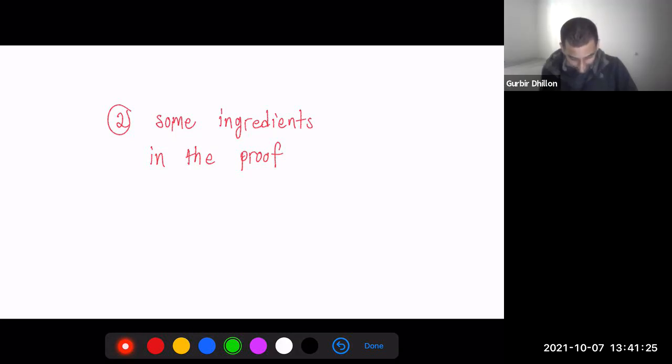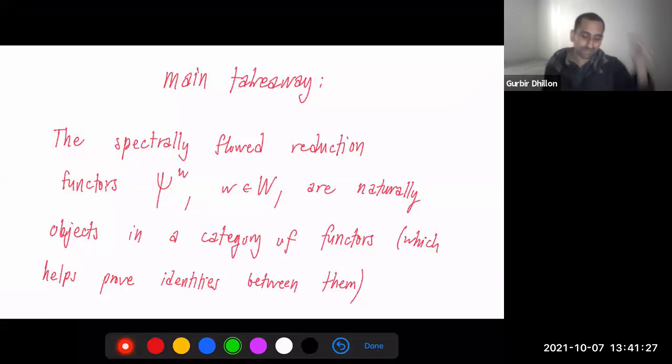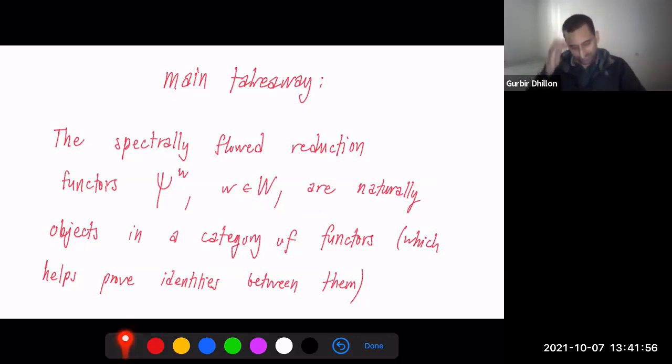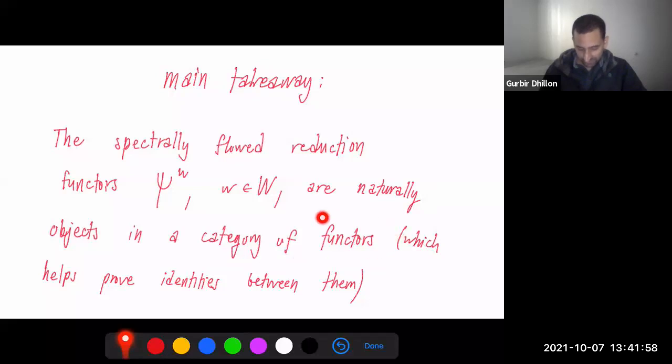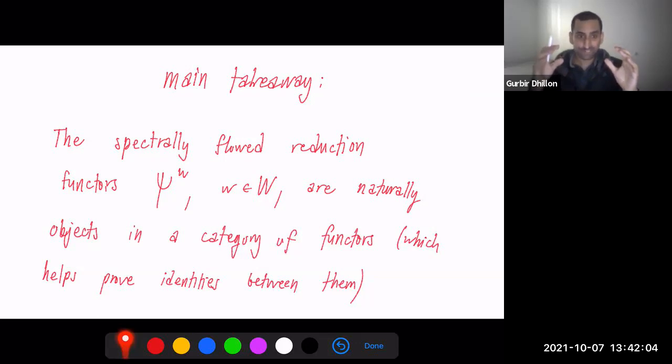Okay. So in terms of the ingredients of the proof, I'm going to say some stuff, and hopefully I'll say it in a way that you can get the gist. The main takeaway is the following: we put the plus reduction and the minus reduction into a family of functors, the spectrally flowed reductions. A point which might not be obvious is that these functors naturally generate some nice category of functors.